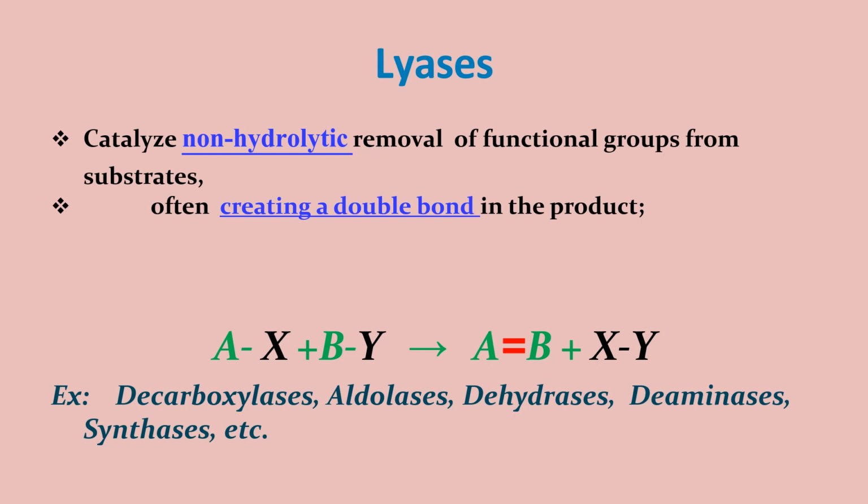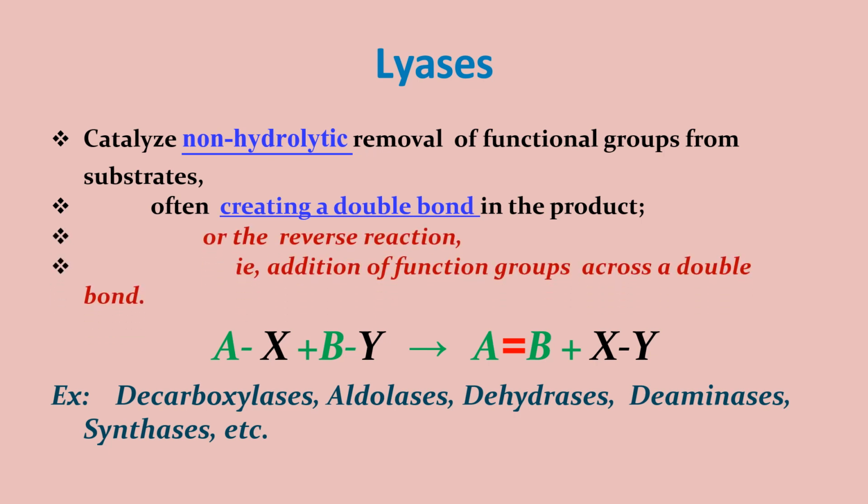That is what I have mentioned as a non-hydrolytic reaction. You do not see the role of water in these kinds of reactions. So we have created, however, a double bond between the two substrates. So here we have decarboxylases, aldolases, dehydrases, deaminases and synthases. All these belong to the major group called lyase.